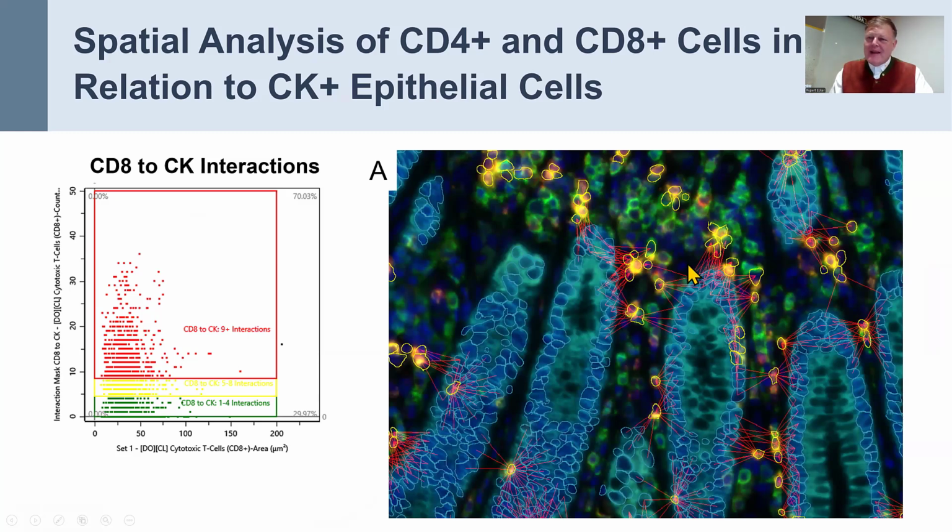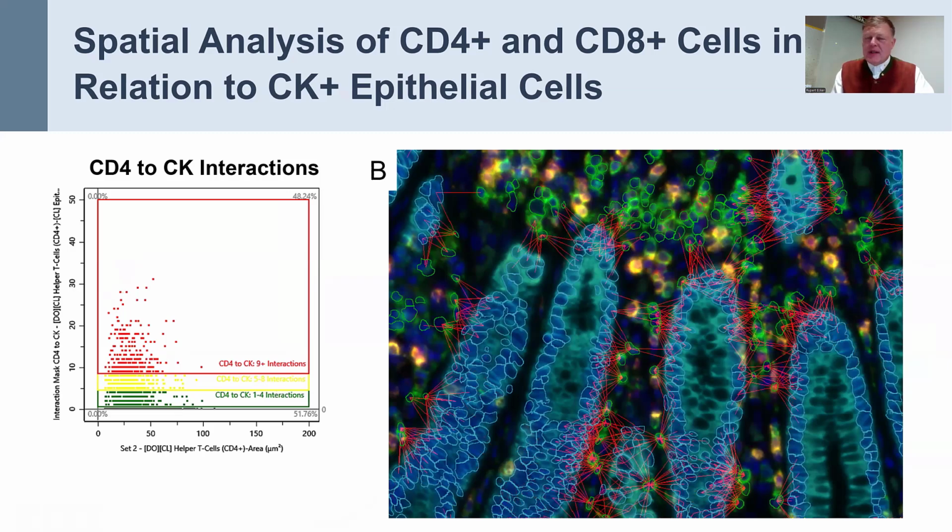You can define any cellular subtype as reference and ask the question, which other subtypes of cells or specific other cells like tumor cells are in the vicinity of your reference phenotype. This is what we call neighborhood analysis, or is in general referred to as spatial biology.